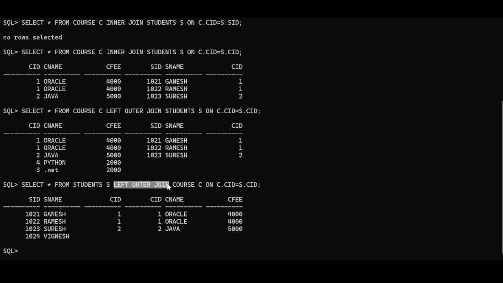With respect to this join key, the table mentioned on its left side is the student table, so you get the matching and unmatched records of the student table by using left outer join.